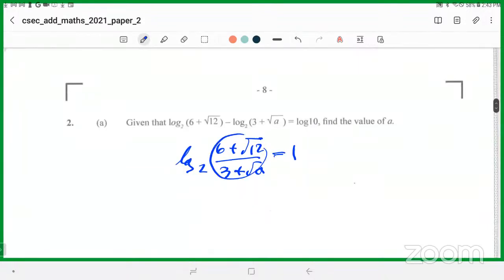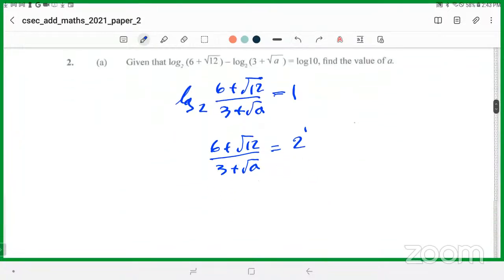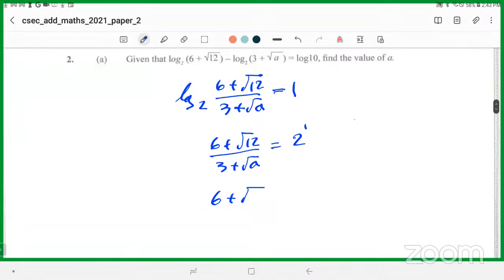So this number is equal to 2 raised to the power 1. So 6 plus root 12 over 3 plus root a is equal to 2. Then the denominator multiplies across with the 2, and I get 6 plus root 12 equals 6 plus 2 root a.